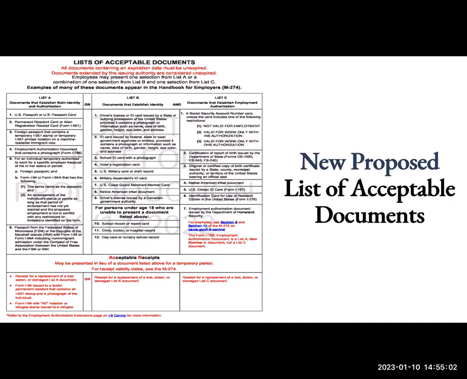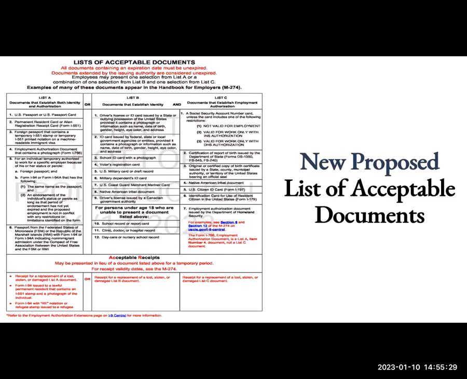The piece that continues to create problems is at the top where it says list of acceptable documents, and it says all documents containing an expiration date must be unexpired, and documents extended by the issuing authority are considered unexpired. Again, with that sentence, there's so much that goes under that.